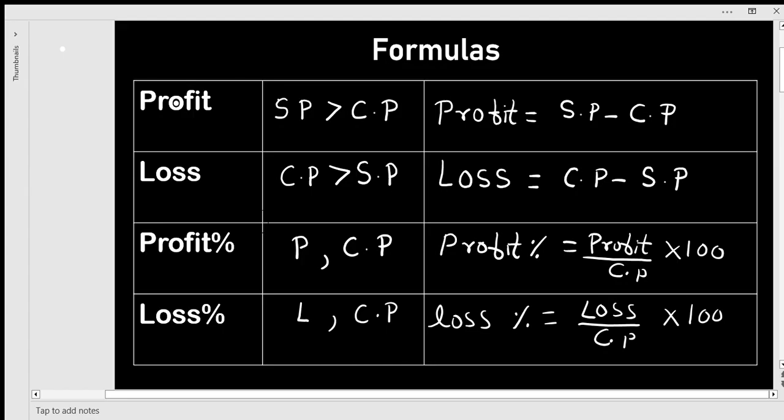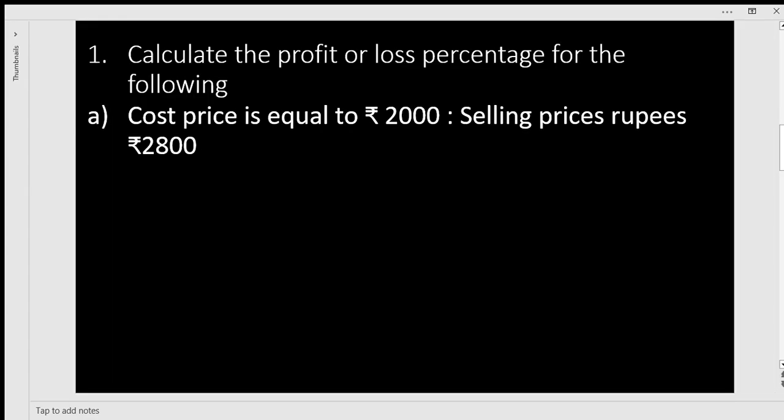So with this formula, let us see the application. Let us see first example. Calculate the profit or loss percentage for the following. So we are not in situation right now to tell whether it is profit or loss. So let us see the example which we will solve by using the formula. Let us read.